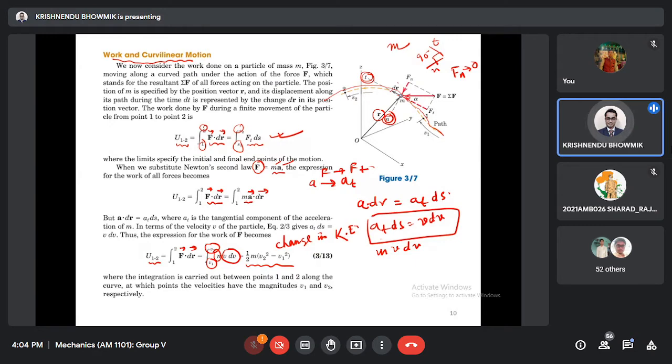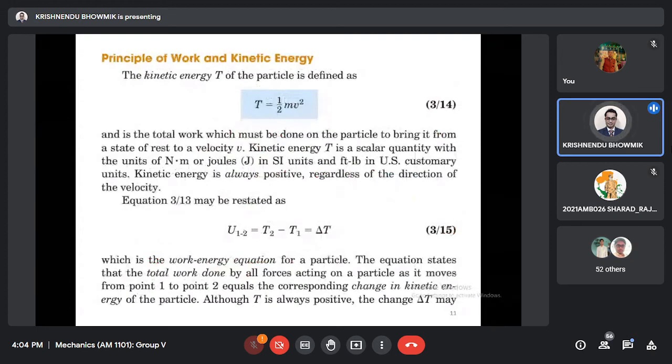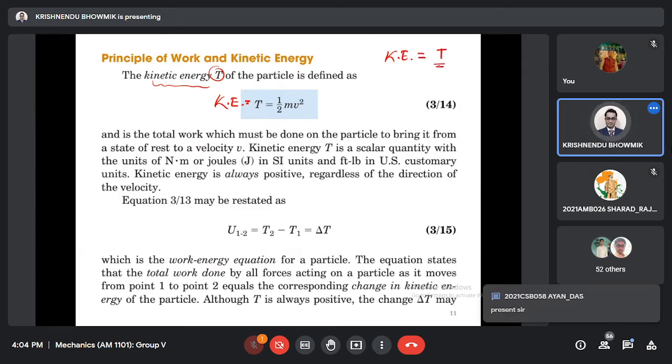That work done is associated here with the curvilinear motion. Here kinetic energy is written as T, so Ke equals T. This book represents kinetic energy as T; T is the kinetic energy, not torque, not tension. You can write T in the exam also.